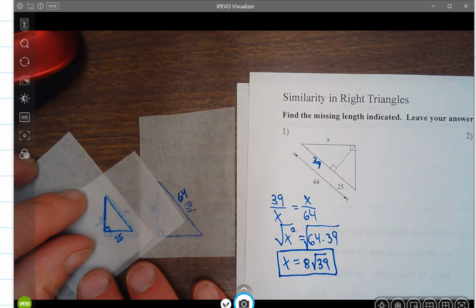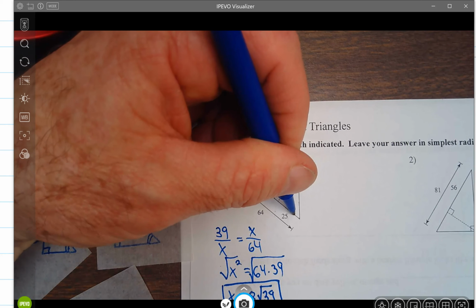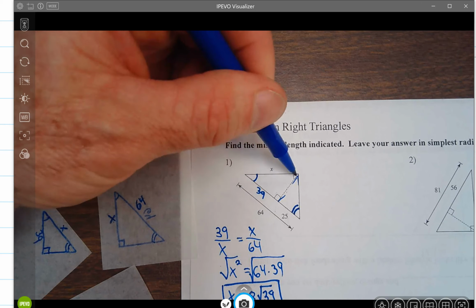In the big triangle, this is my shortest side, so this is my smallest angle. And then in this medium-sized triangle, this is the shortest side, that's the same angle. And then this angle matches, this angle is in both the big triangle and this triangle.